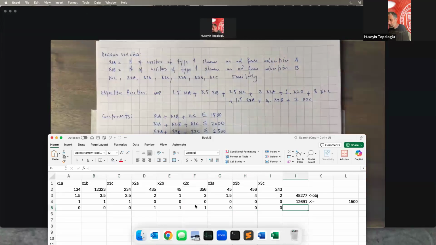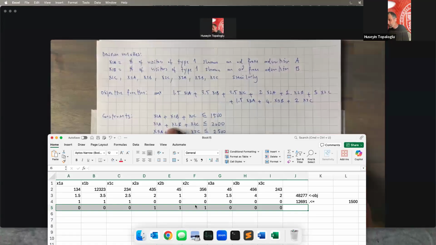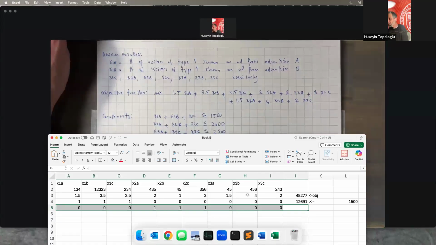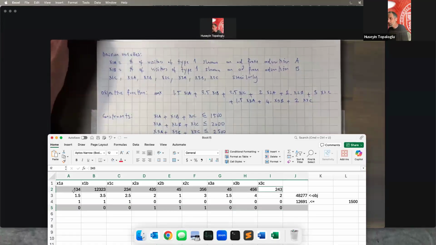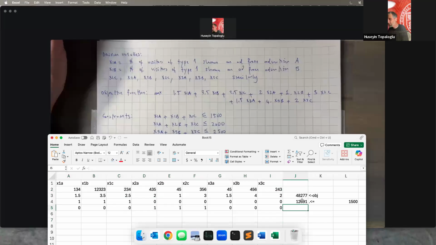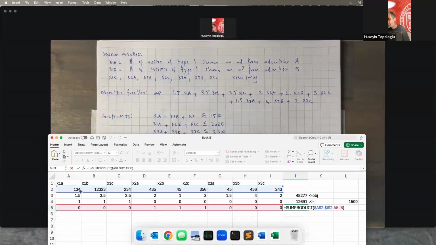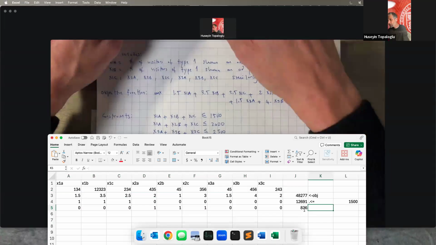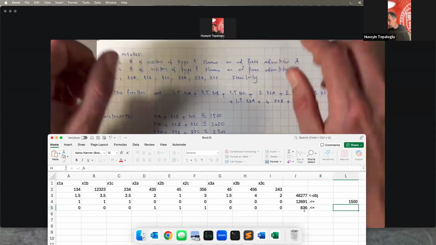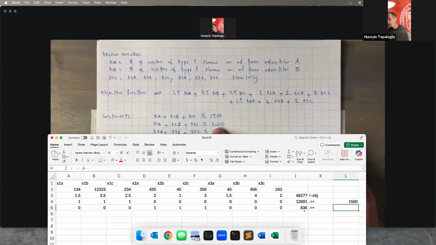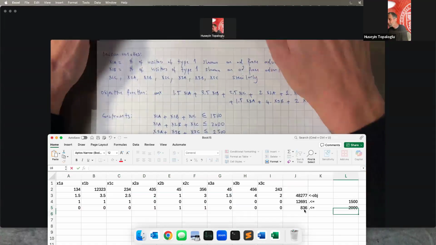There we go. So now these are the coefficients of my decision variables in the second constraint. Take these coefficients, multiply them with the corresponding decision variable values, and add them up with the sum product formula. That's the left-hand side of the second constraint. And again, just to remind myself, this is also a less than or equal to constraint, with the right-hand side being 2000.